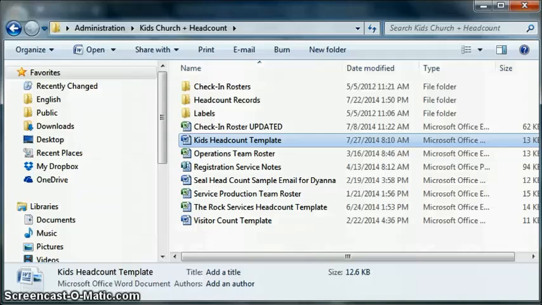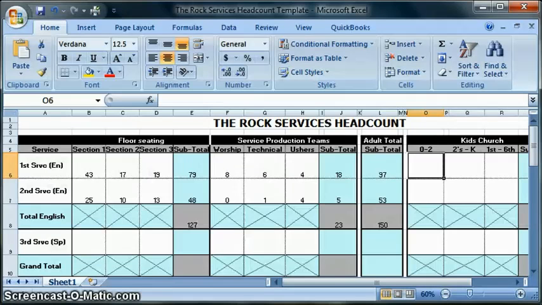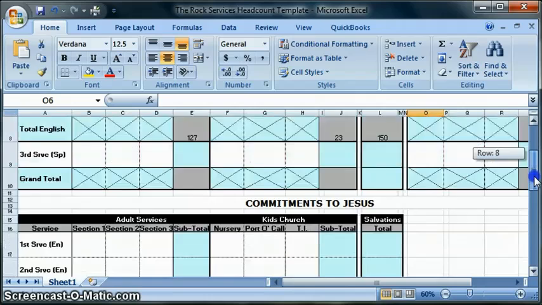All right, so on Sunday, you're going to get two papers, one from Aaron and one from Robin, for the sanctuary head count and for the kids head count. The one you get from Aaron is going to look like this. Obviously this is typed, but he's just going to write on it these numbers. Everything else will be blank.